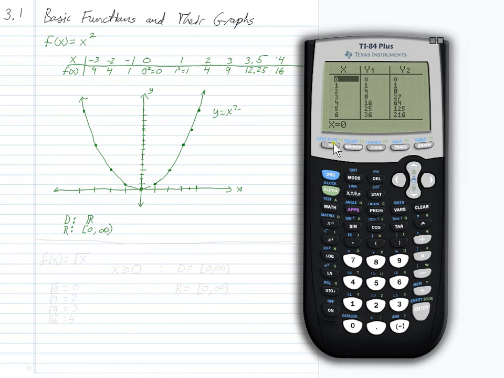So here we have 0 giving us an output of 0, 1 gives us an output of 1. Now here is where we start to see a bit of a difference. 2 gives us an output of 8, 3 an output of 27, 4 gives us an output of 64, so we can see the growth here is much more extreme than it was for the square function.